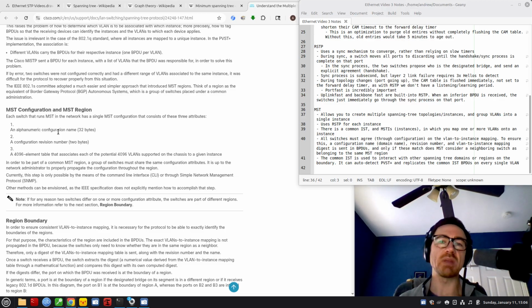With multiple spanning tree, you have 16 possible instances. One is a required common instance, which is instance number 0. That required instance is there because it allows the region to interwork with spanning tree instances outside of the MST region. So it allows this backwards compatibility. It allows the MST region to connect to a legacy spanning tree domain, and it uses that common IST for the BPDU that it sends to the legacy spanning tree domain.